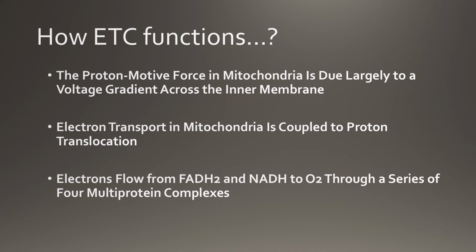Now we move to the next topic: electron transport in mitochondria coupled to proton translocation. The coupling between electron transport from NADH or FADH2 to oxygen and proton transport across the inner mitochondrial membrane, which generates the proton motive force, also can be demonstrated experimentally with isolated mitochondria.